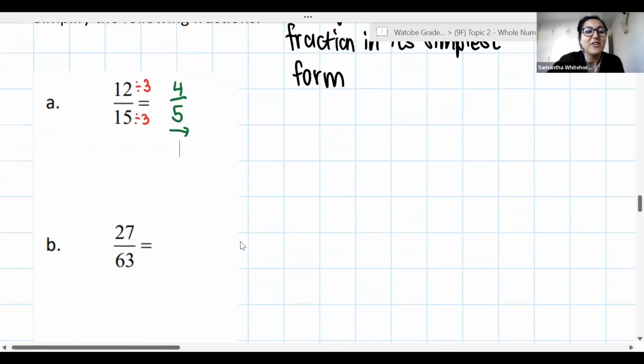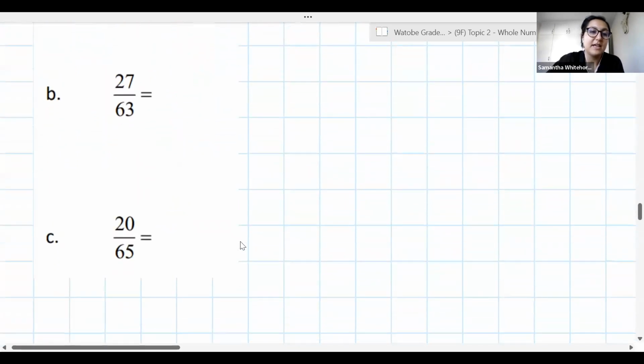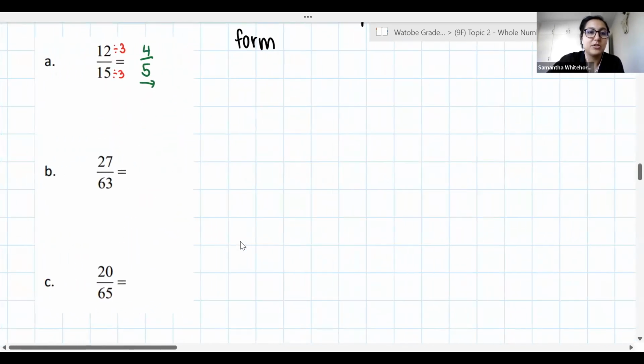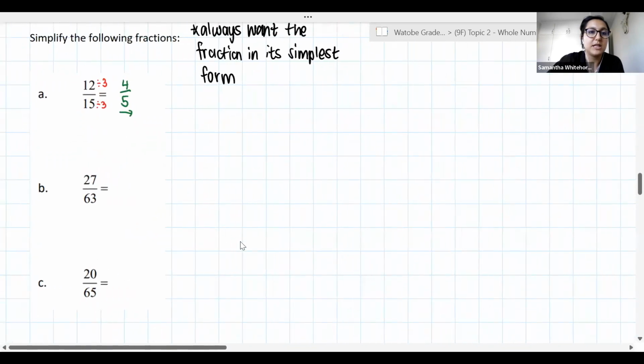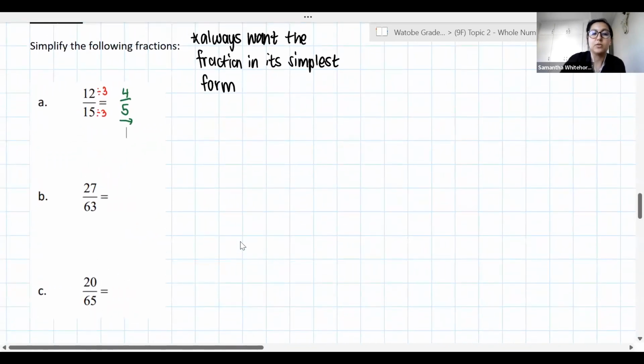Right. Who wants to try, or rather, here is B and C. What I'm going to do is make it a little bit smaller just in case you want to have a look at what we did. I want you guys to try B and C for me. Think about what you could divide into both the top and the bottom without a remainder.